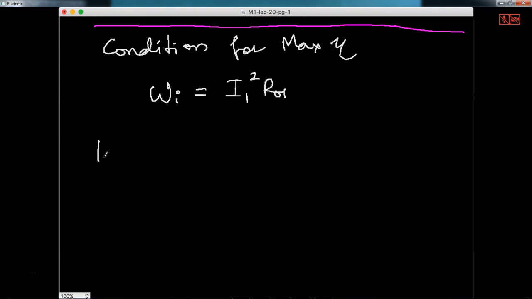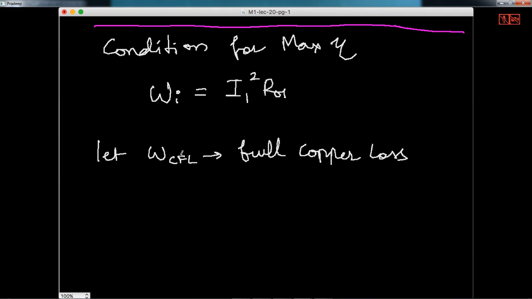Let WC full load be the full load copper loss. So now I am dividing both sides of the equation by the full load copper loss, WC full load.